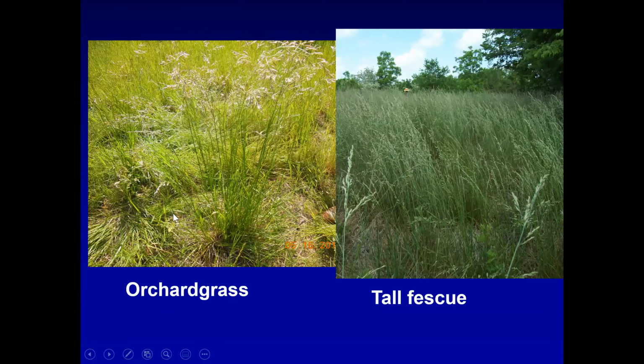Over here you see orchard grass on the left and tall fescue on the right, at the flowering stage. Most of the leaves will be close to the ground level in both of these species, and the flower and seed will be above the ground.